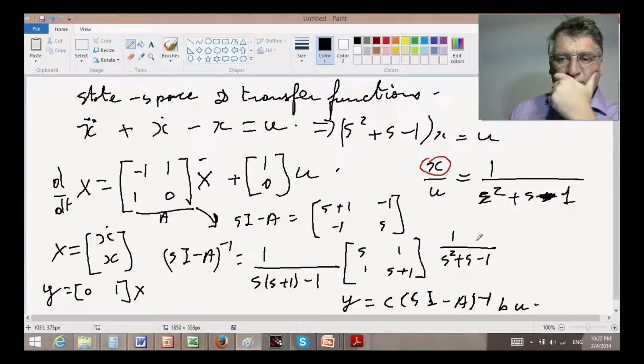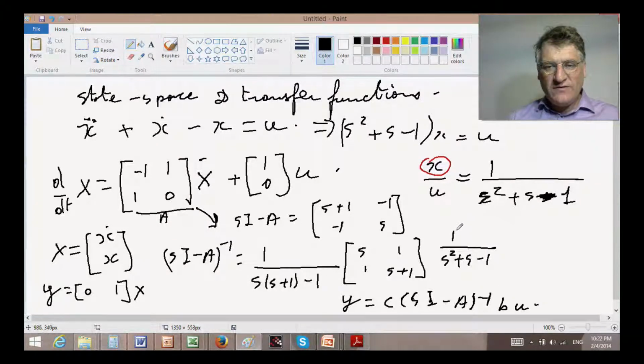Okay, and what we will obtain is something I do not like very much, but why not? It will be the vector. So this 1 times this plus 1 times that will be 1. Okay, and this times this plus 1 times that will be s plus 1. Now we multiply by b.